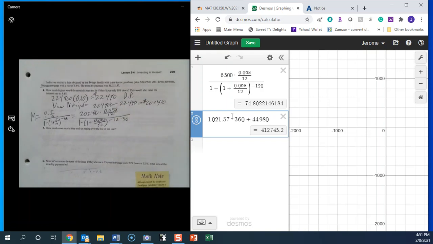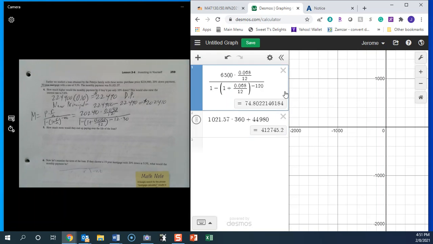So we could put this right here in Desmos. So we'll put the 202,410. The numerator would be 0.058. Down here, be the same thing.